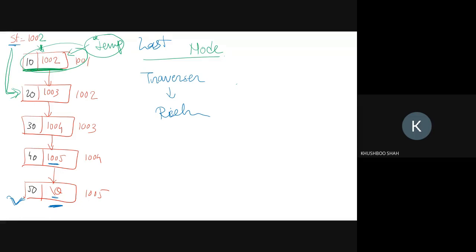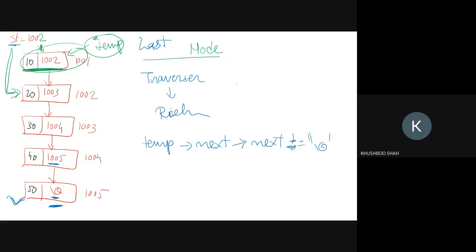It means I need to check temp's next: is temp next not equal to null, or sorry, equal to null? Because ultimately I am looking for this position.